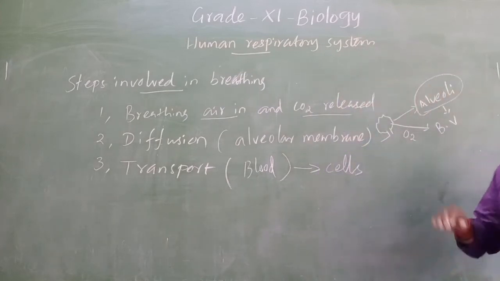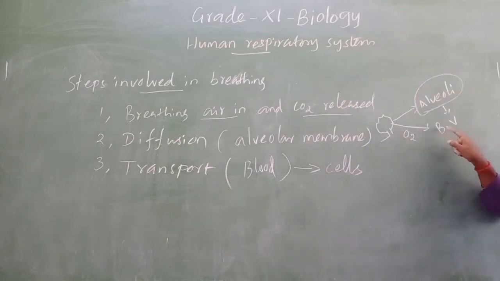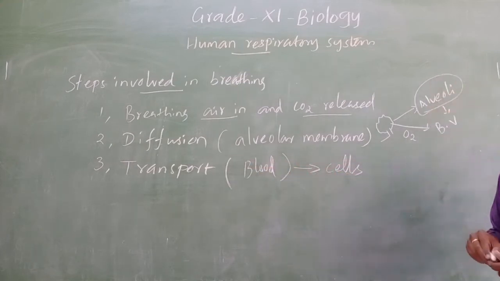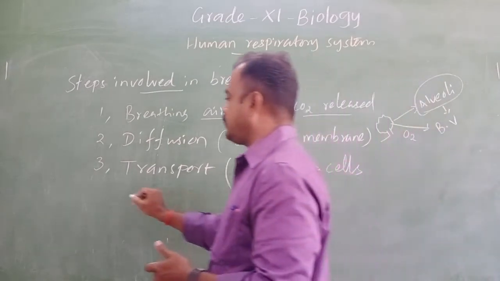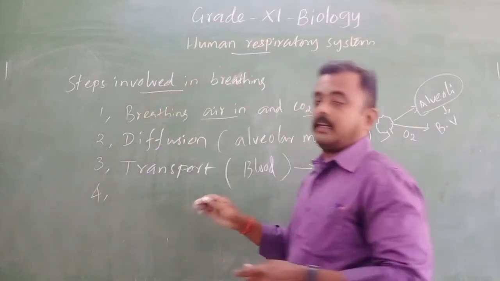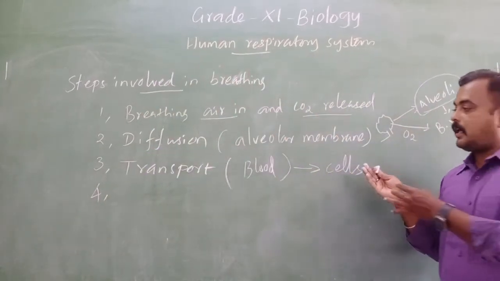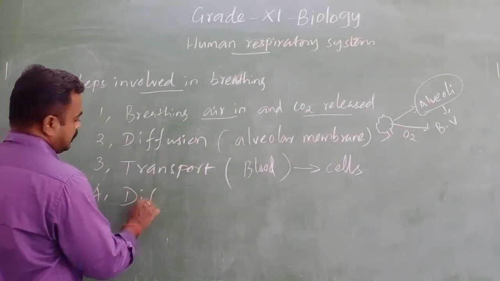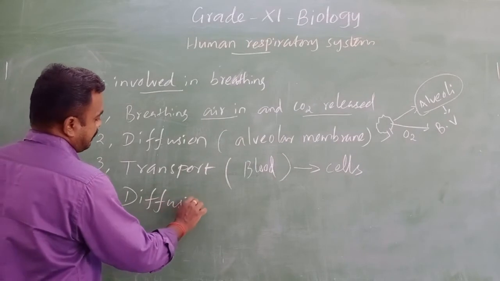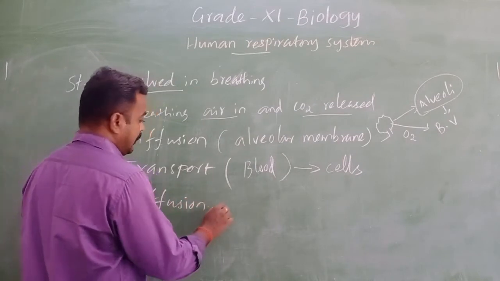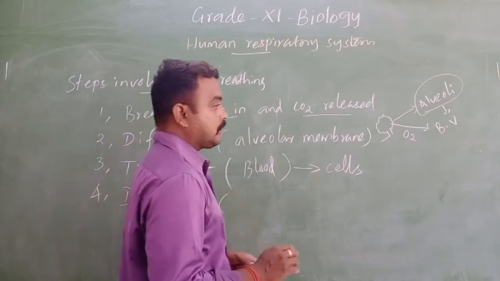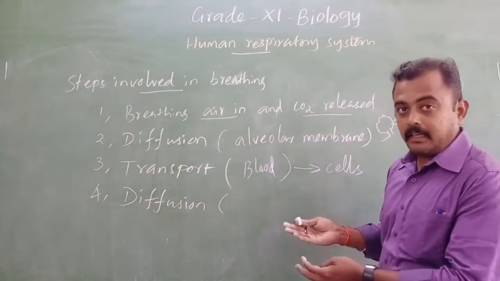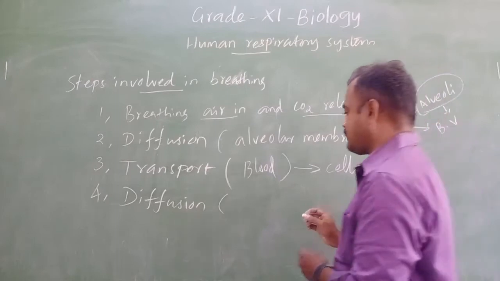The oxygen enters the blood vessel, then the blood transports the oxygen. The fourth step, after the transport, is diffusion again. Where does this diffusion happen? Between the blood and the cells.